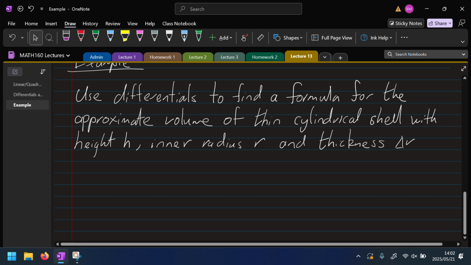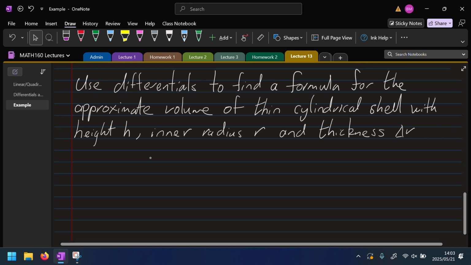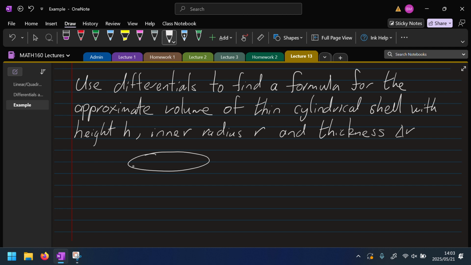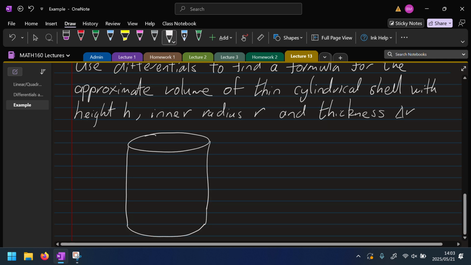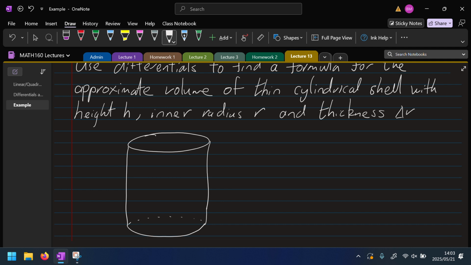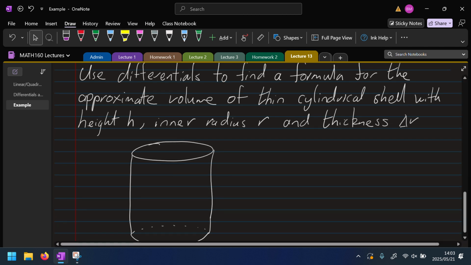Okay, let's draw a picture to see what's going on here. So we've got a cylindrical shell. What that means is we have some sort of cylinder like this. You all know what a cylinder looks like. And to make it a cylindrical shell, we hollow it out. So the inside parts we remove.